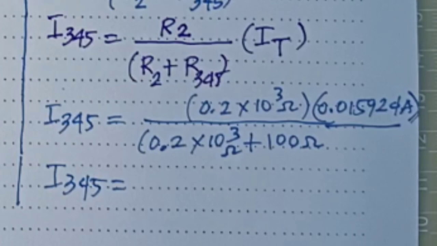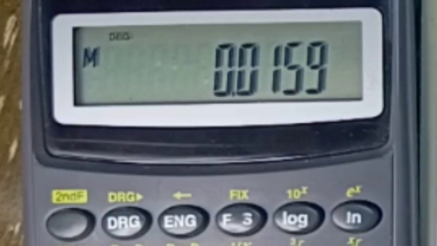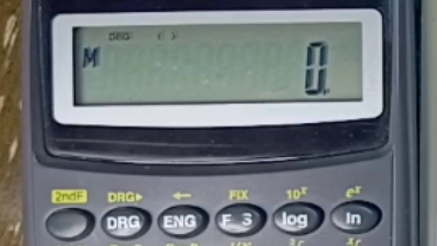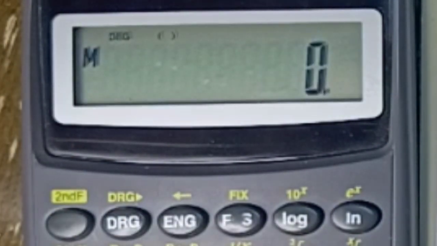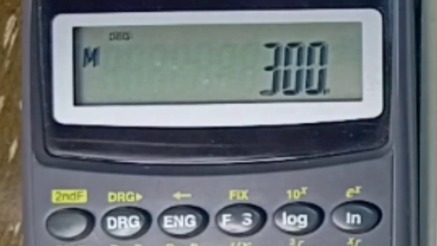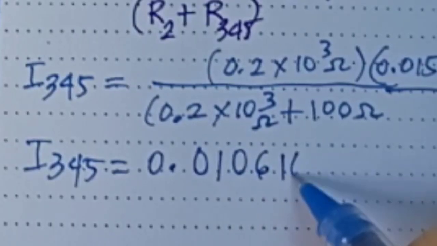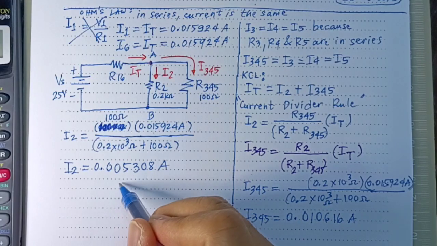Now the other one: 0.2 multiplied by 10 to the power of 3 times 0.015924, divided by the sum of 0.2 multiplied by 10 to the power of 3 plus 100, equals 0.010616 amperes. So that's our answer.